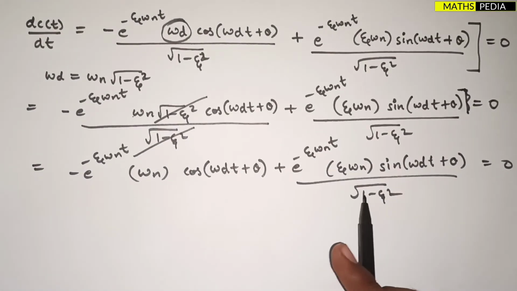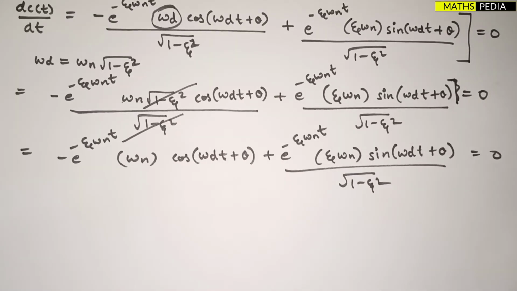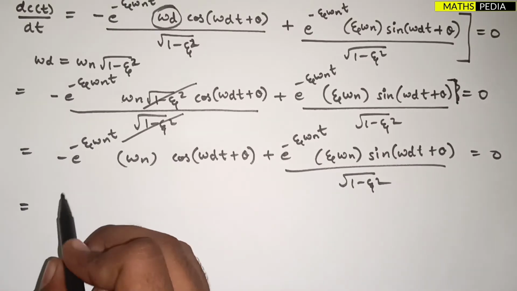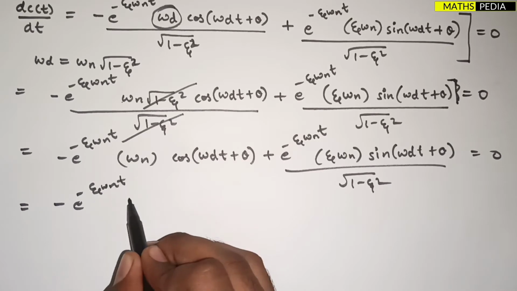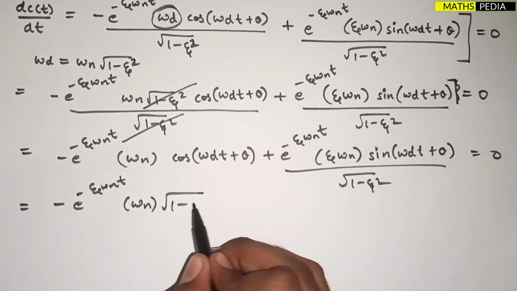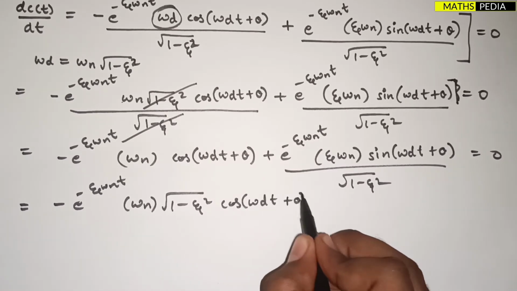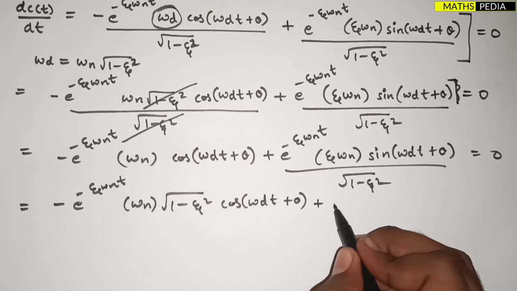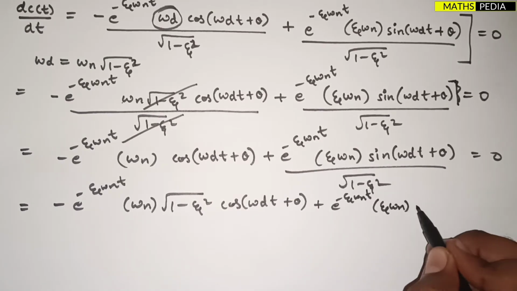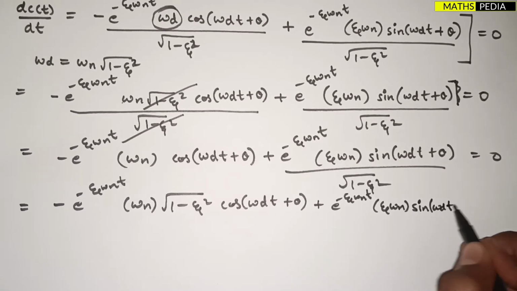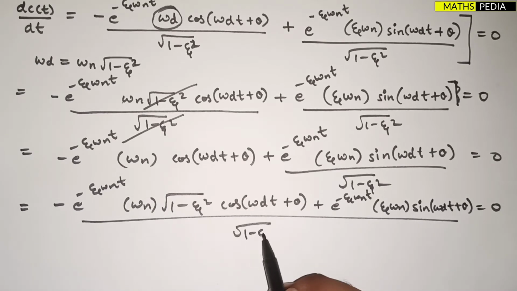Now we can take LCM, just multiply this to this. So what will happen? That is equal to multiplying this to here. So minus e power minus zeta omega n t into omega n into, I'll multiply 1 minus zeta square here, cos omega dt plus theta plus this same thing, e power minus zeta omega n t into zeta omega n into sine omega dt plus theta equal to 0, whole thing divided by square root of 1 minus zeta square.